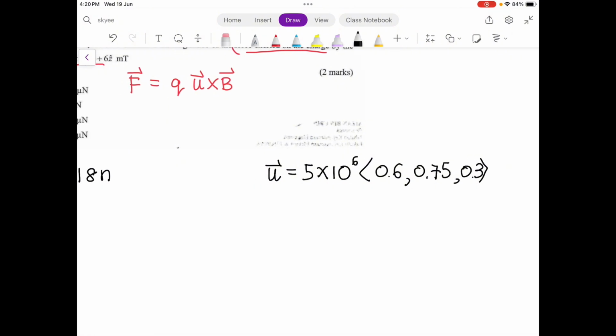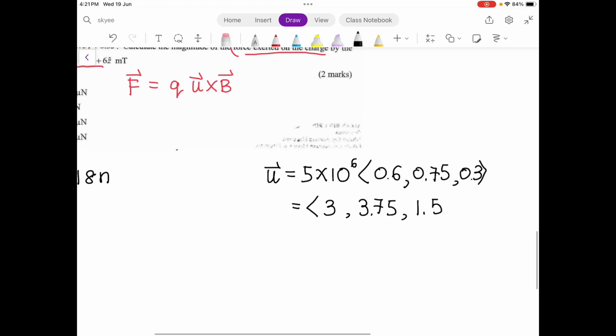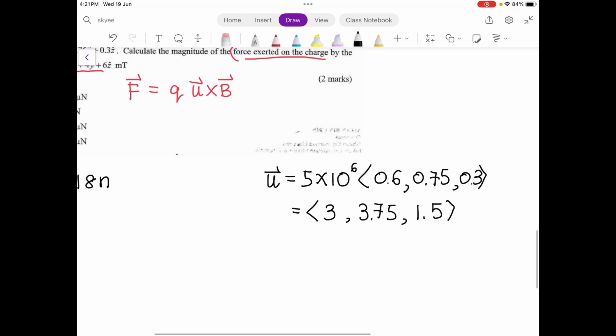If you multiply it, it will be 3, then 5 times 0.75 is 3.75, and then 1.5, times 10 power 6.